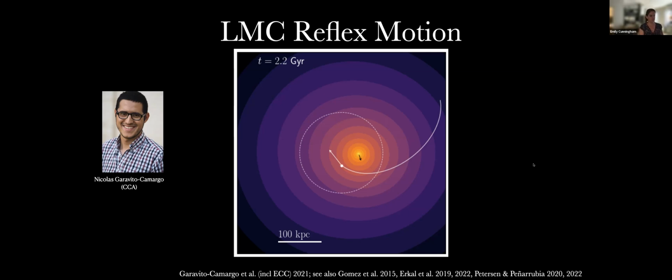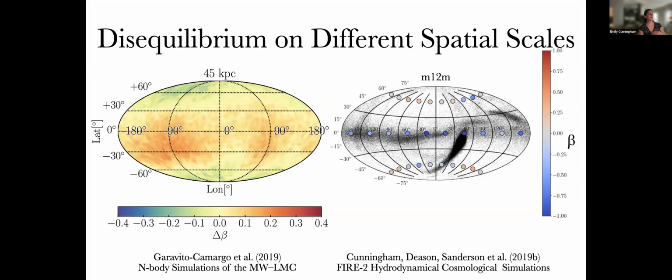But it's not the only source of disequilibrium in the halo, because we also believe the halo to be formed primarily from tidally disrupting satellites. So we have disequilibrium on different spatial scales. So here I'm showing you two maps. The left-hand side is a map of Nico's n-body simulations of just an LMC in a Milky Way. And each little pixel is color-coded by the velocity anisotropy. So you can see you have these large-scale features in the velocity field.